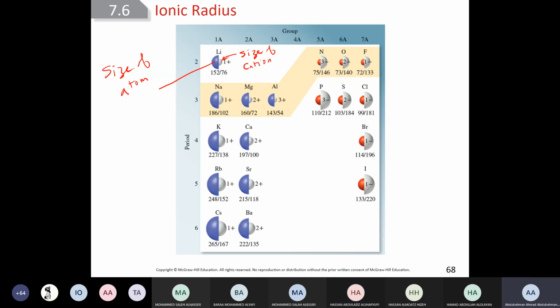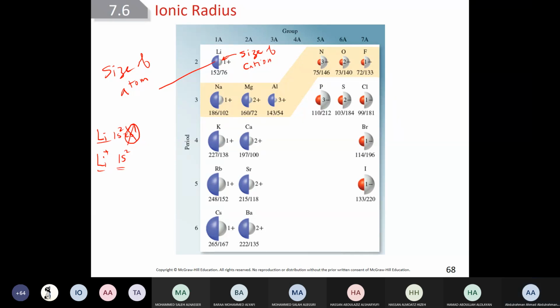Why is the cation smaller than the atom? Again, what's the structure of lithium? It's 1s2, 2s1. For lithium plus, what's the structure of lithium plus? 1s2. Which one will be bigger in size, lithium or lithium plus? Lithium. Because you lose this orbital completely, and that's why it's smaller.